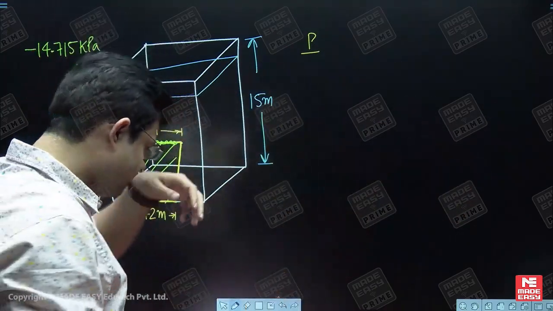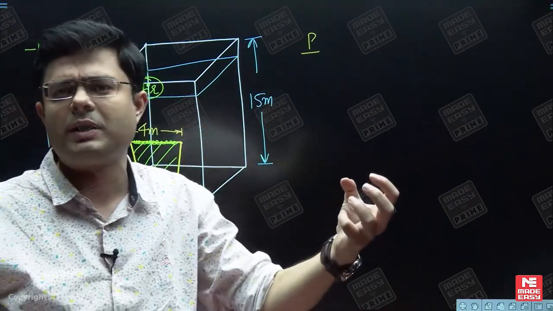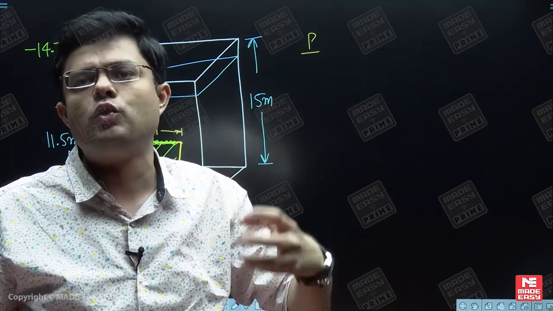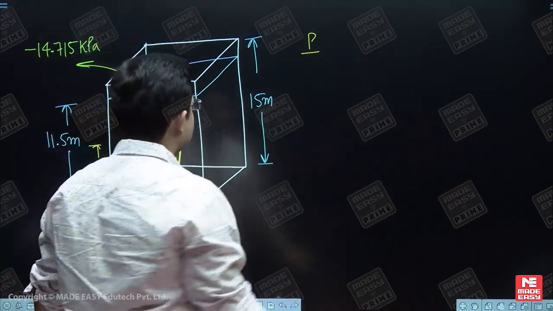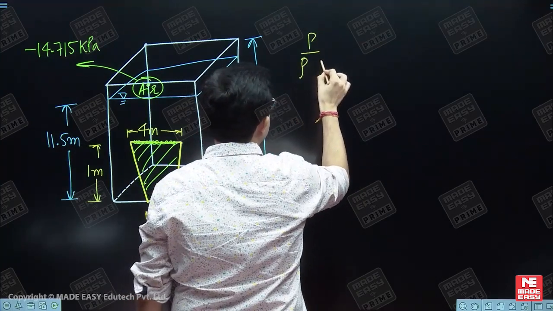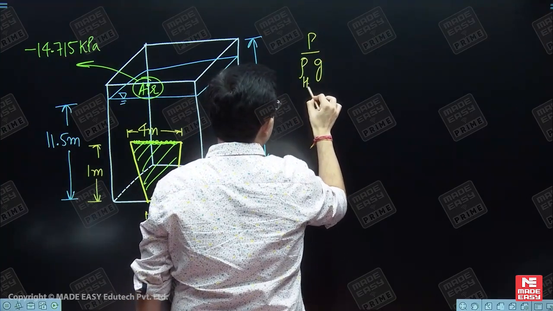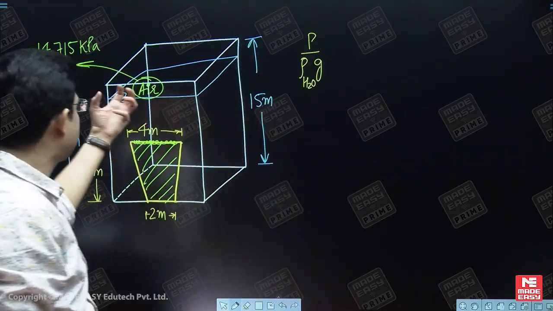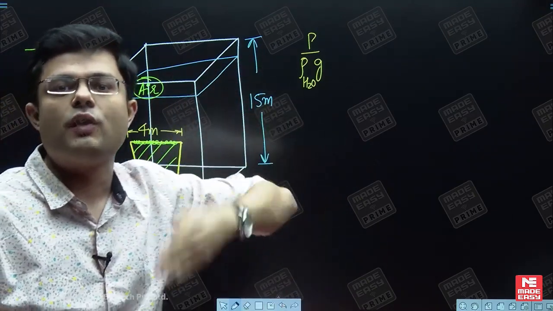Very simple. Just divide that pressure by rho g of that particular fluid. Pressure is already known to you, and divide it by rho g of water, because you want to convert this pressure in terms of water head.